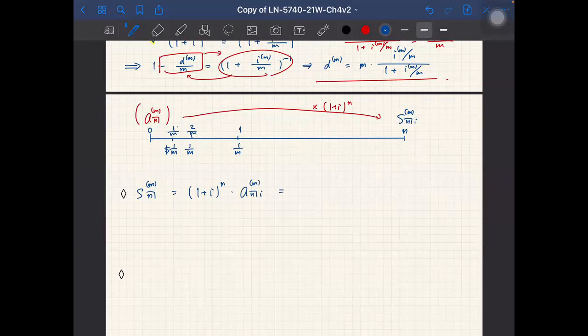Maybe we write one more step: 1 plus i to the power n times 1 minus 1 plus i to the negative nth power over i superscript m. So this becomes 1 plus i to the nth power minus 1 over i superscript m. Compared to the formula of s angle n, just i changes to i superscript m.